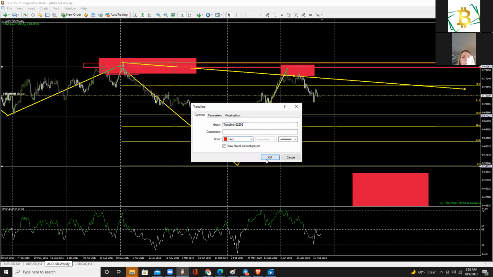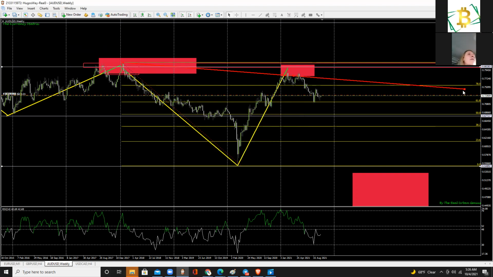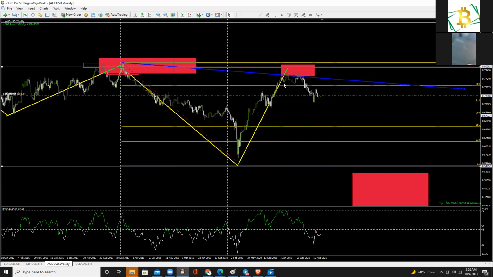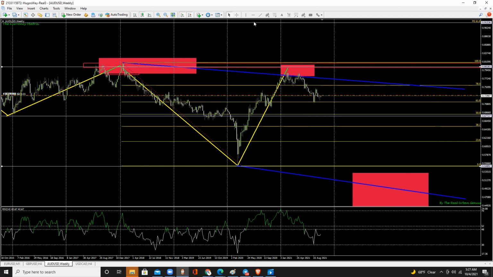We will be creating a trend channel with this projected next swing low down in this area, which will look like this.